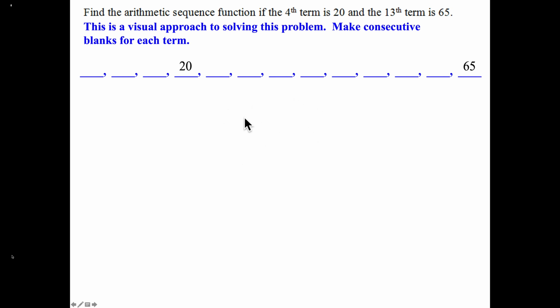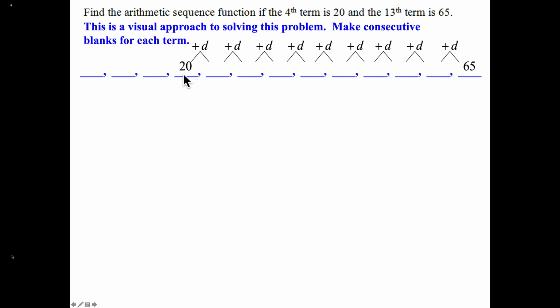Now, we know that if you add the d value to 20, that gets you the next term. So if I do this for each consecutive blank, I will figure out how many d's I need. And believe it or not, this is an equation.